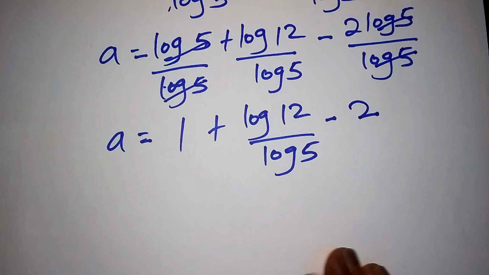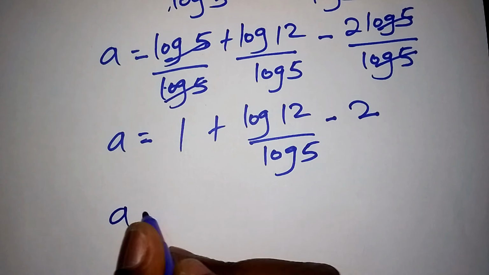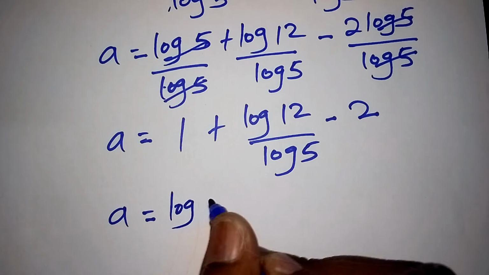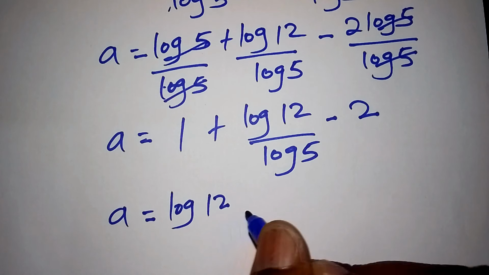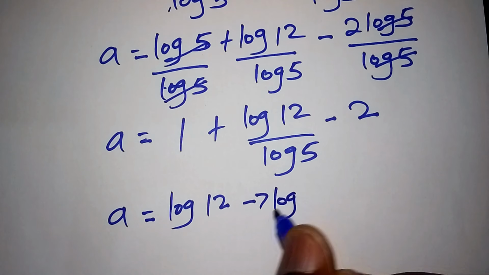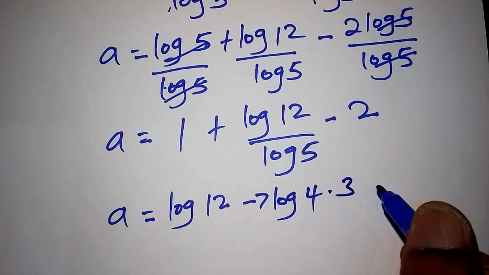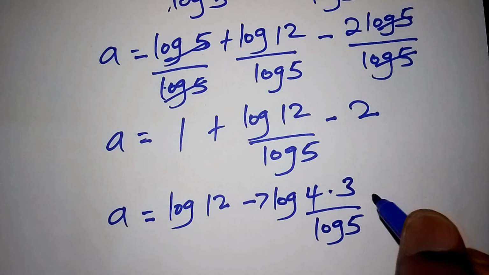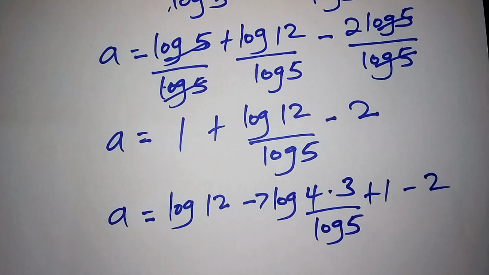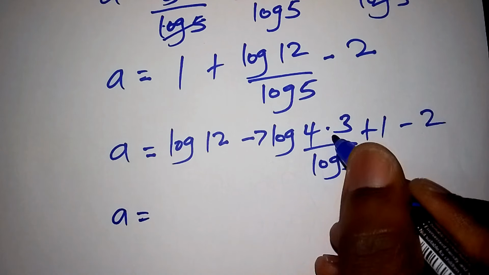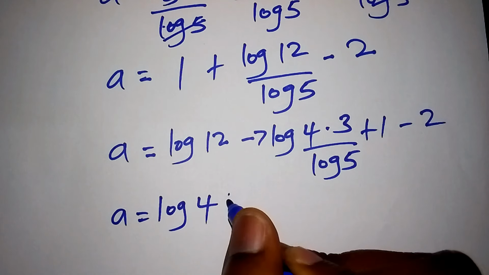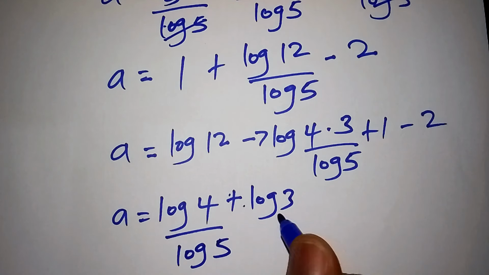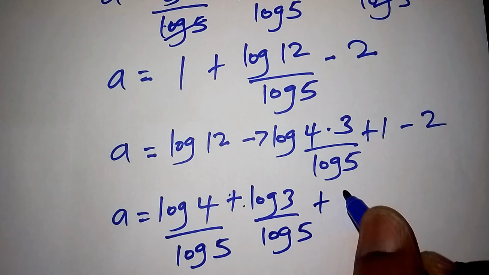Let's write the log of 12 first. It can be written as the log of 4 multiplied by 3, all over the log of 5, then plus 1 minus 2.